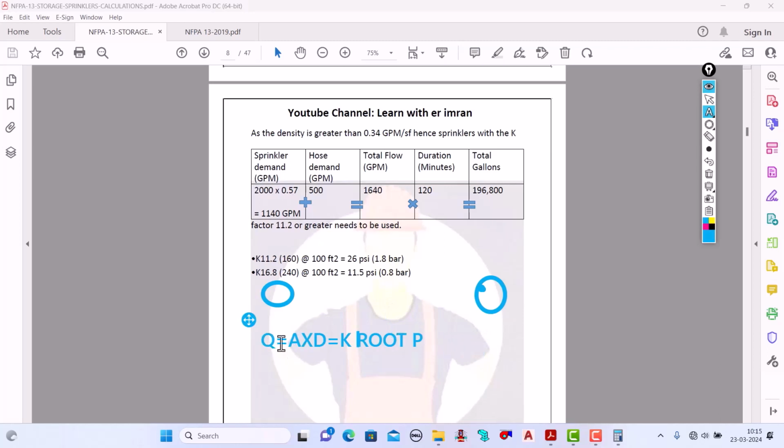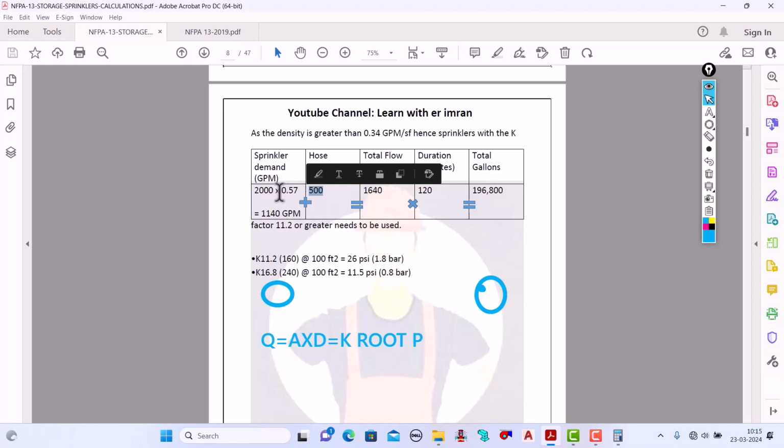So what will be our GPM? Area into density. What is the area? 2000, and the density is 0.57. So the sprinkler GPM we already got, this much, and for the hose demand we add 500 GPM.